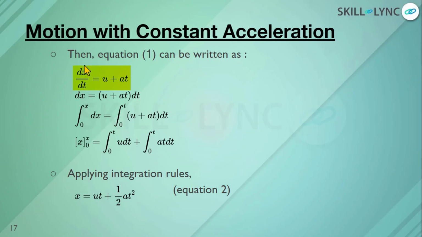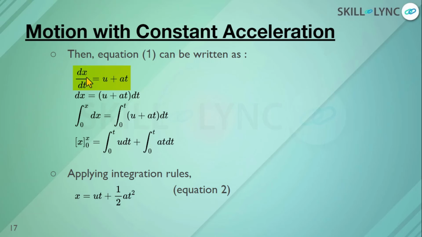As we have learned earlier in equation 1, v is equal to u plus at, and v was the final velocity, where we also know that the formula of velocity is distance upon time, or displacement upon time, that is dx by dt.